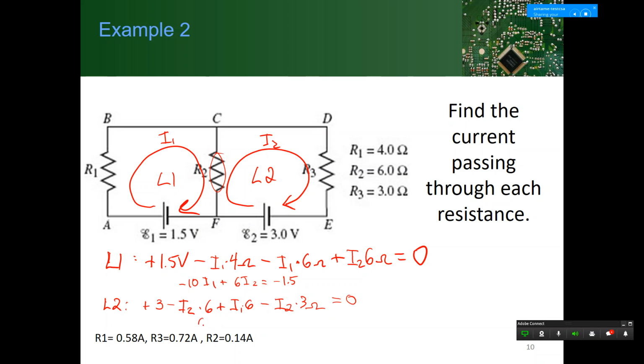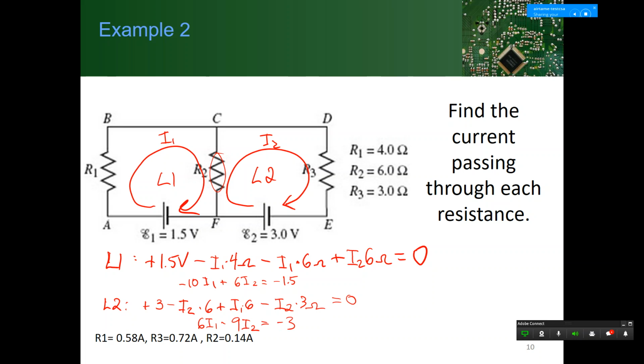I have 6 I1, minus, did I make a mistake? I1, okay. So minus 9 I2 is equal to minus 3.